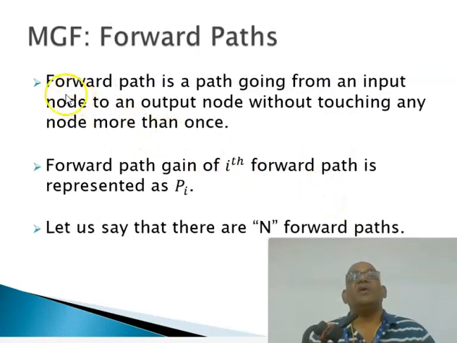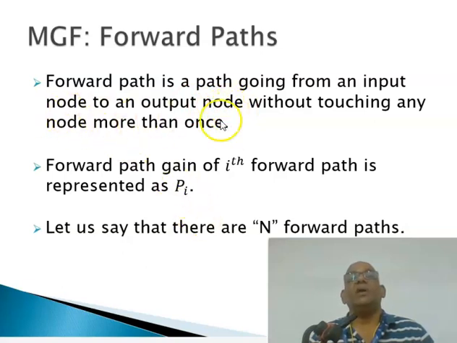We have already defined a forward path as a path going from an input node to an output node without touching any node more than once. That is, the forward path is simply a way in which you can start at an input node and reach an output node without touching any in-between node more than once.